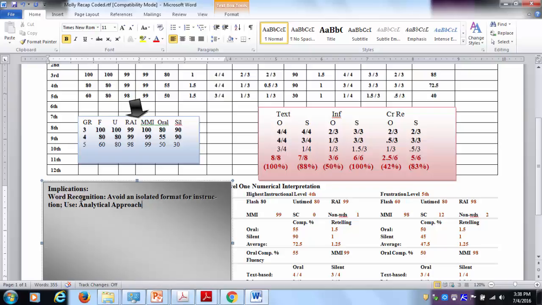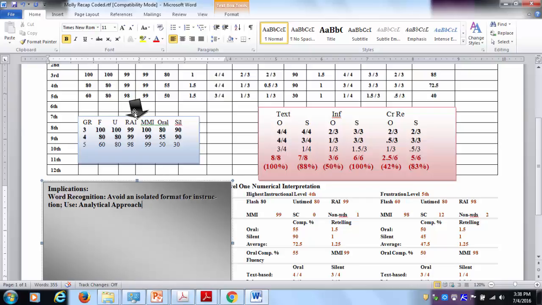Then she's given an unknown word, and she now applies it. So that's keeping in the contextual framework of meaning making, in that you're using words from a story that she's discussed and is familiar with.